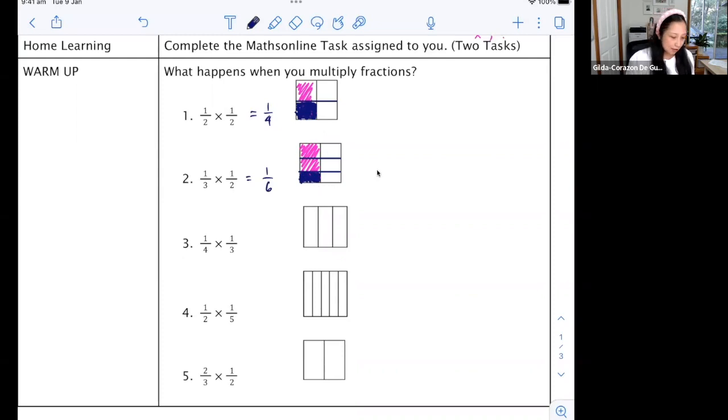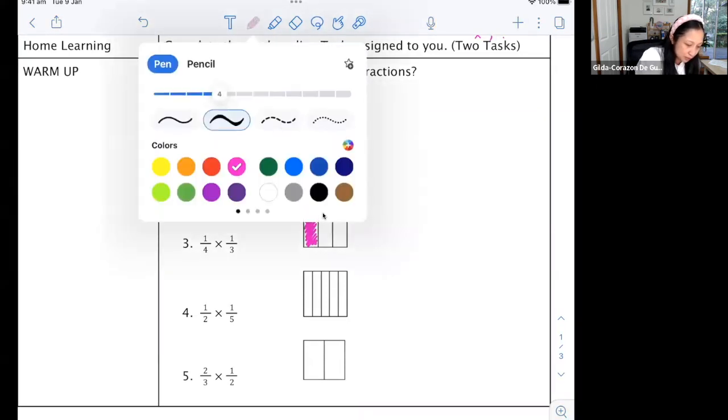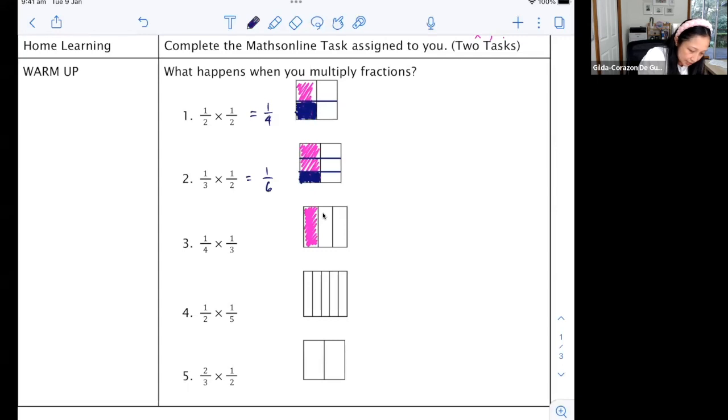Now, the next one, we've got 1/4 of a third. So we color in 1/3, and we just want 1/4 of that. Let's halve it first, and then half it again, so that we've got quarters there.